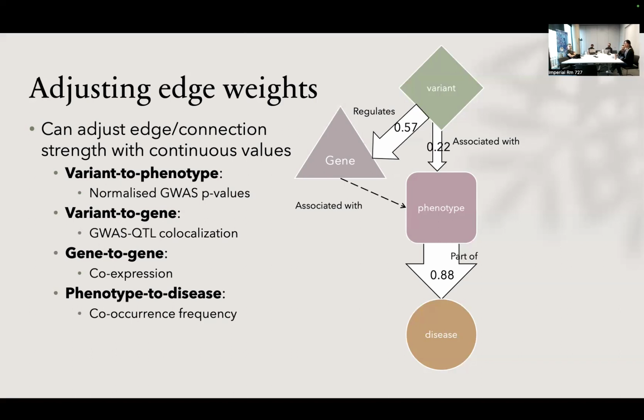And then you can take that step further and try to incorporate more information about the intersection between a variant, a gene, and a disease with something like GWAS QTL co-localization analysis.